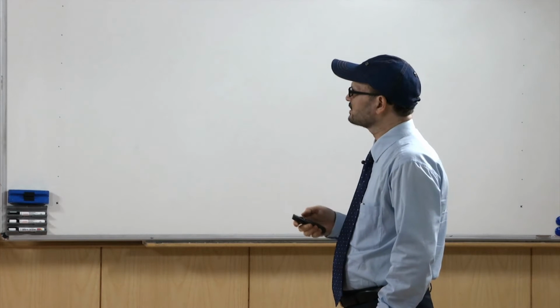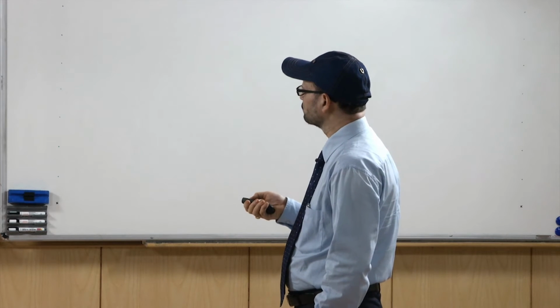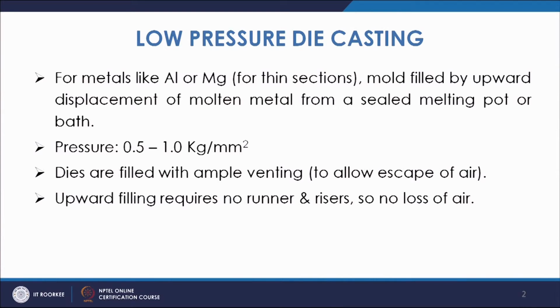In the earlier cases, when you have to go for thin section casting, you have to apply a large amount of pressure, and that may lead to formation of vortexes and turbulent conditions. So, in this case the pressure is applied, but the metal entry is from the downward to the upward direction, by the upward displacement of molten metal from a sealed melting pot or bath.